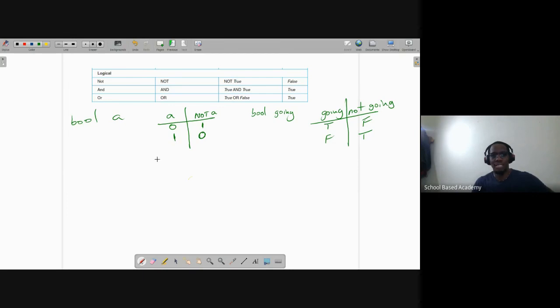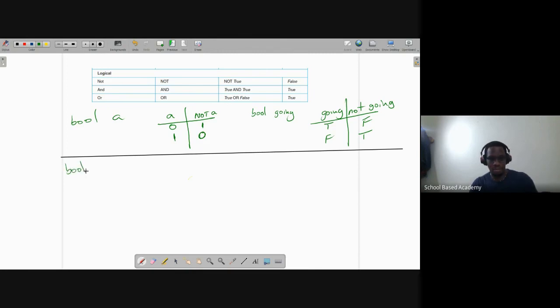I'm going to move on to AND. So I have 2 Boolean variables, bool A and B. I could put them in a table, and we could have all possible combinations of A and B together.